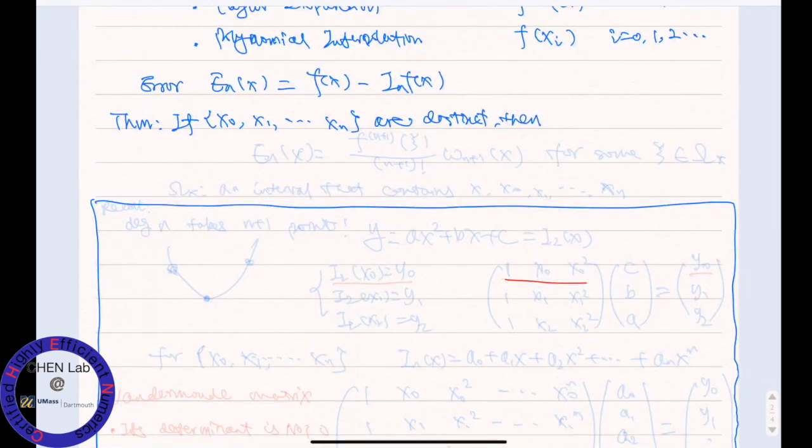Then we know that the polynomial exists and is unique.